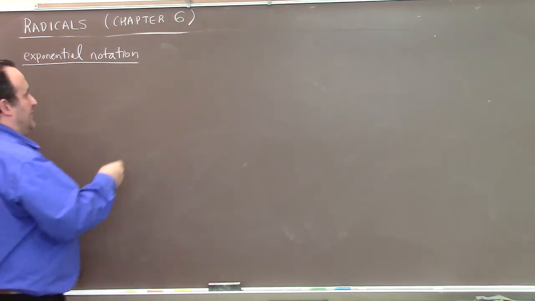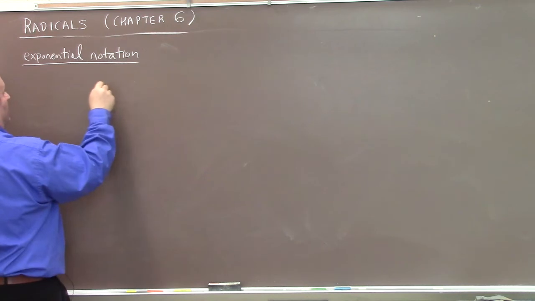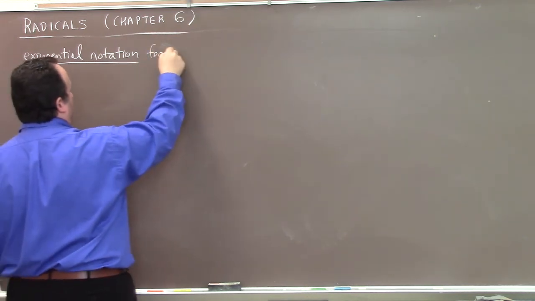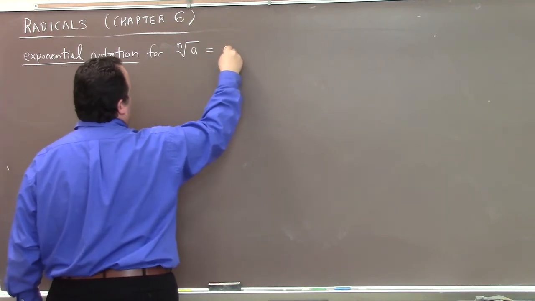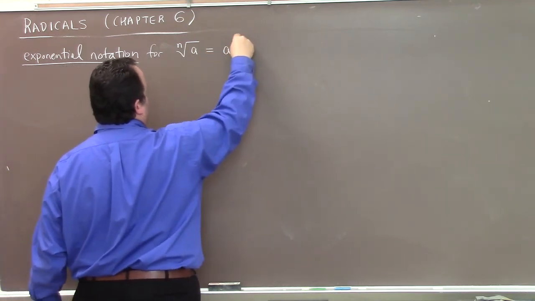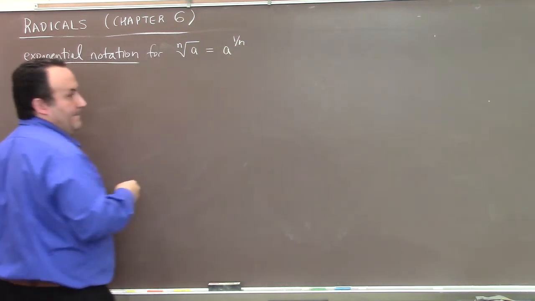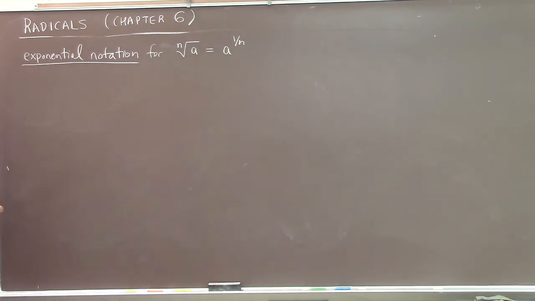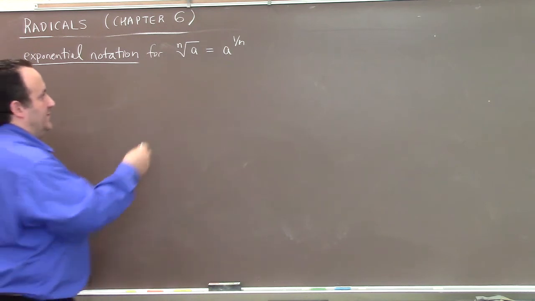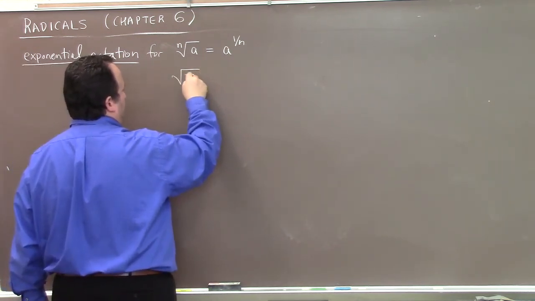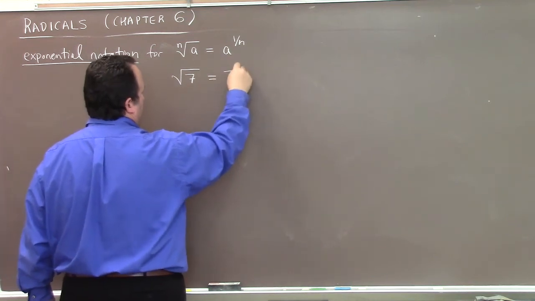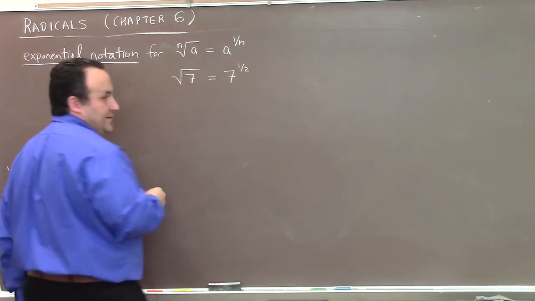Exponential notation for the nth root of a is a to the 1 over n. So the nth root of a is a to the 1 over n. For example, the square root of 7 we could also write as 7 to the 1/2, all right?